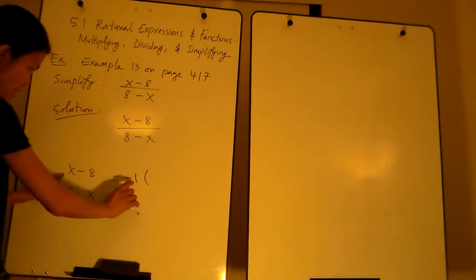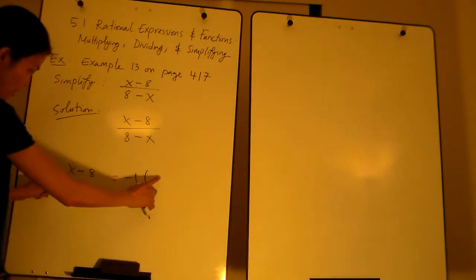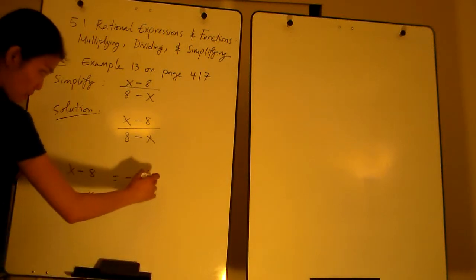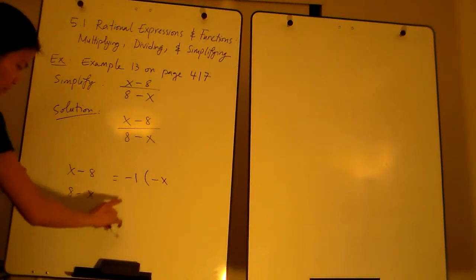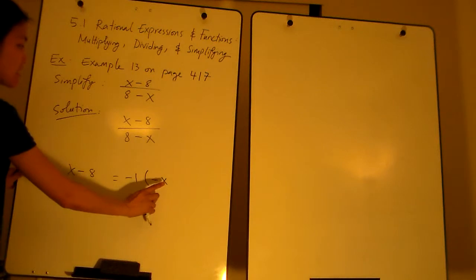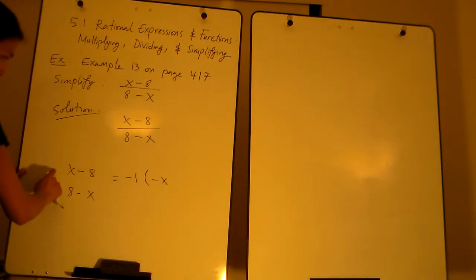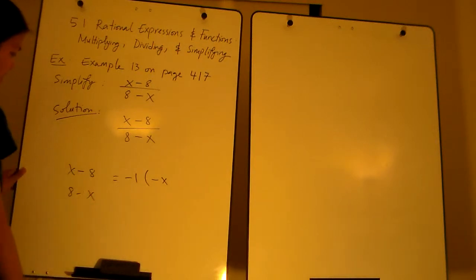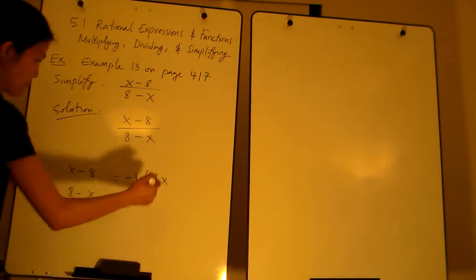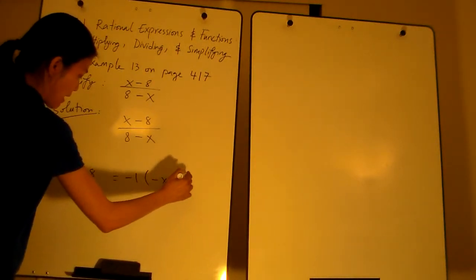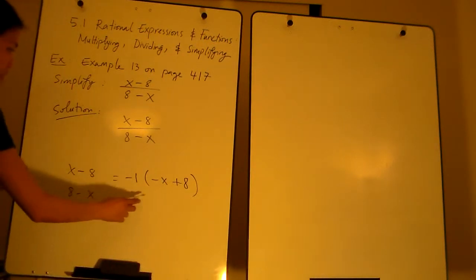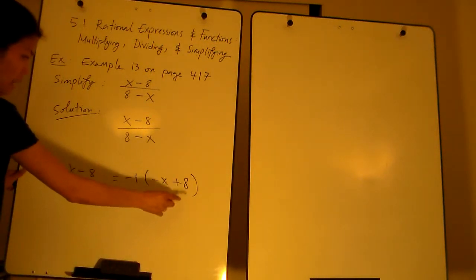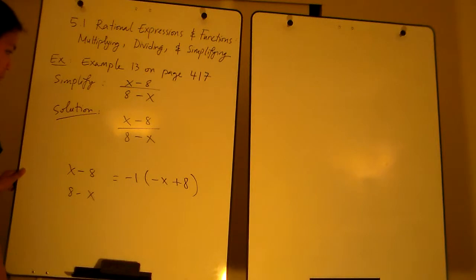Now, -1 times what equals x? It's got to be negative x, right? -1 times negative x is positive x. -1 times what equals -a? It's got to be plus a, right? Because -1 times a is -a.